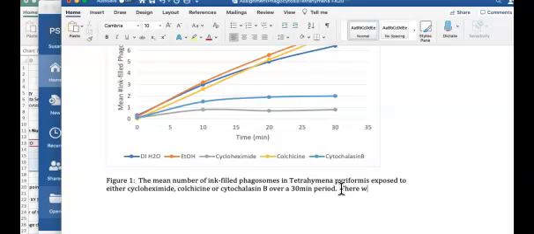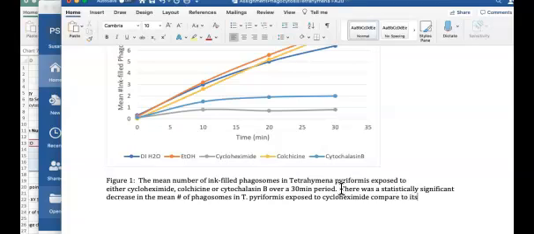You could say there was a statistically significant difference or a statistically significant decrease in the mean number of phagosomes in T. piriformis exposed to cyclohexamide, compared to its control.